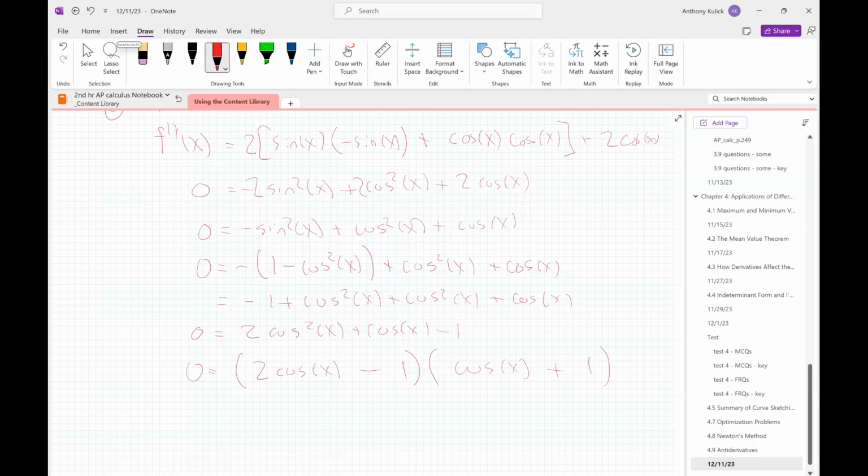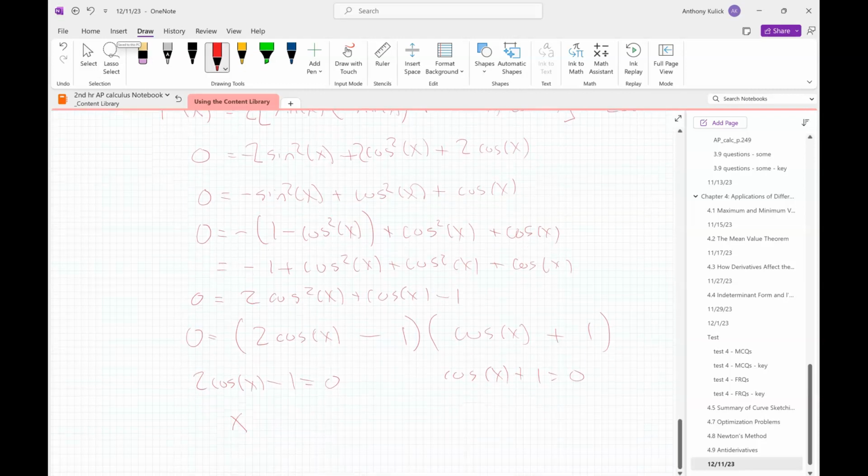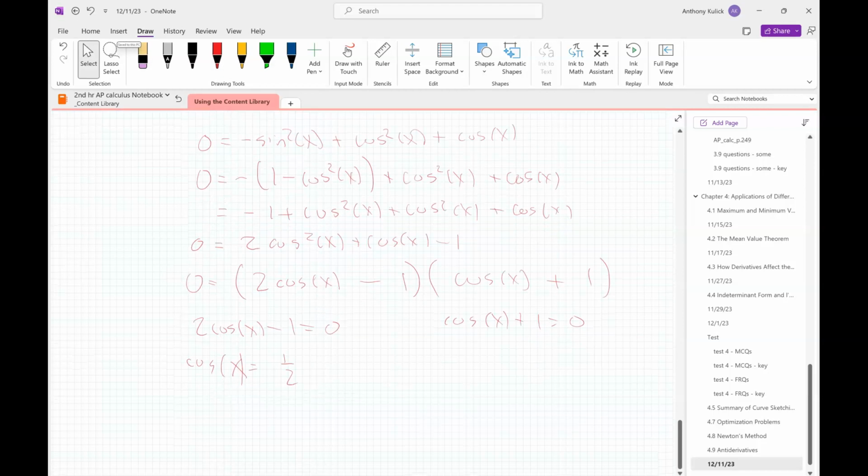Minus plus is correct, because we need the 2 cosine x to be positive. Okay? So now we can apply the zero product property and set these both equal to 0. So where is cosine equal to 1/2?